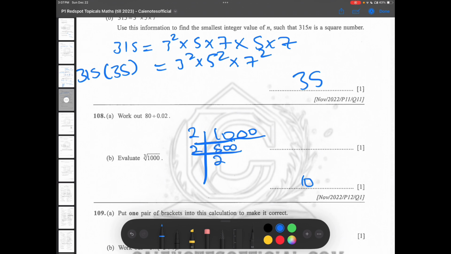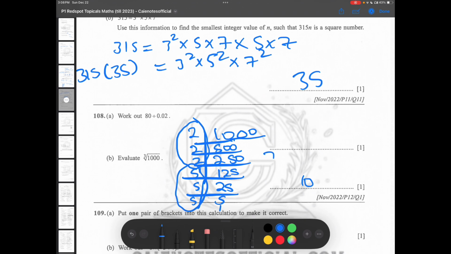So 250, 125. Now do it with 5. Whenever you are finding a cube root, you need to make a group of three numbers. From three same numbers, you will get one. We have got two groups, 2 and 5. We multiply these two and we get 10.